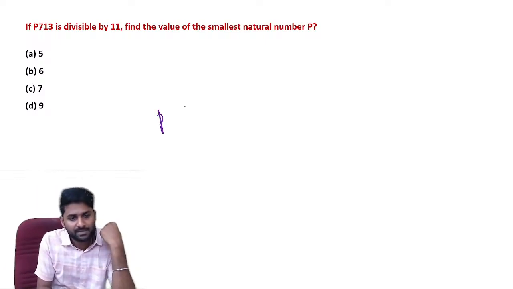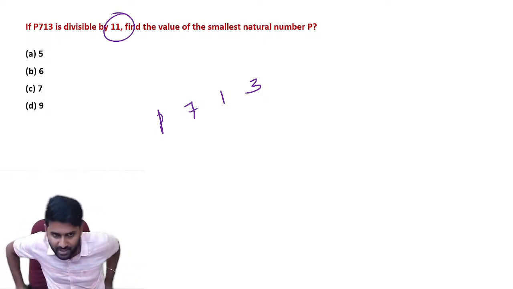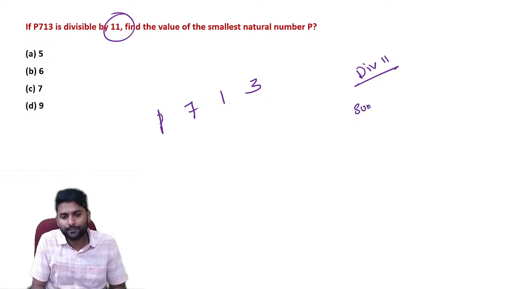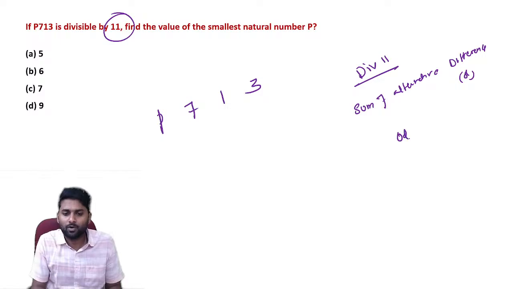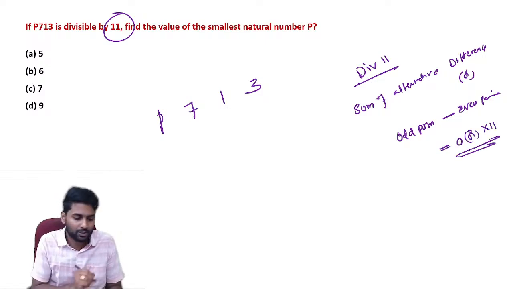Now see, P713 is exactly divisible by 11. Find the value of the smallest natural number P. So here the rule of divisibility by 11: sum of alternate differences, or sum of odd positions minus even positions, is equal to either 0 or multiples of 11.